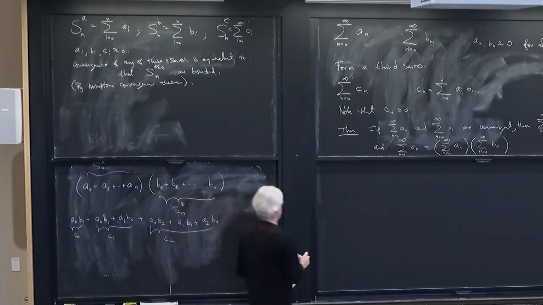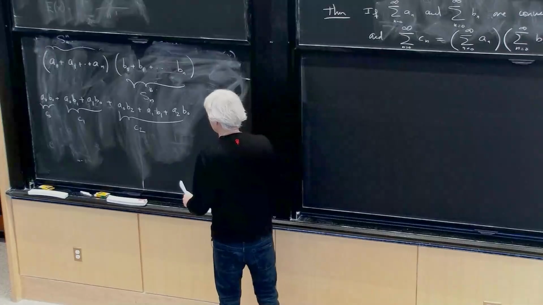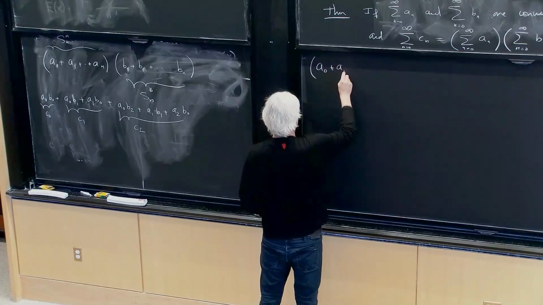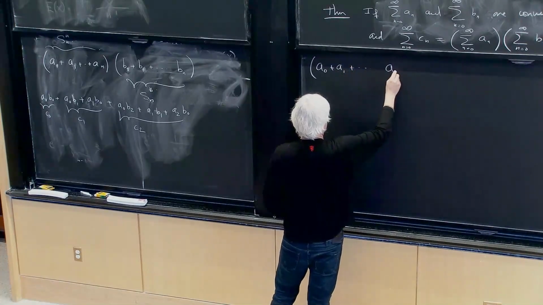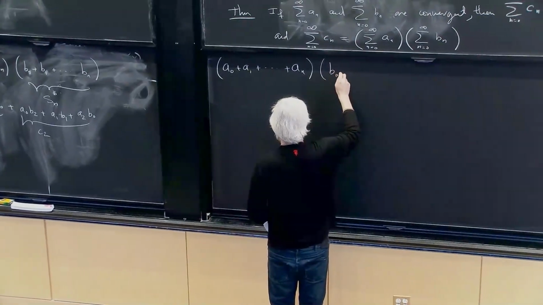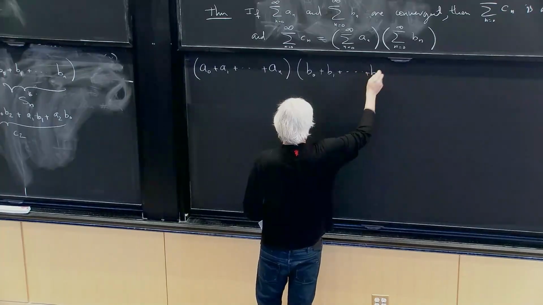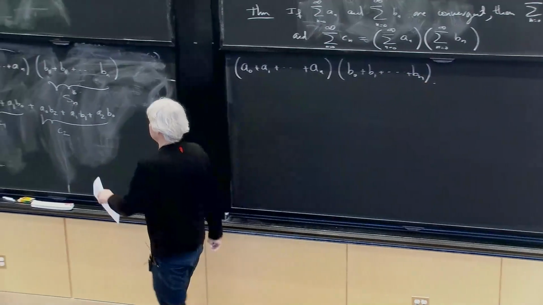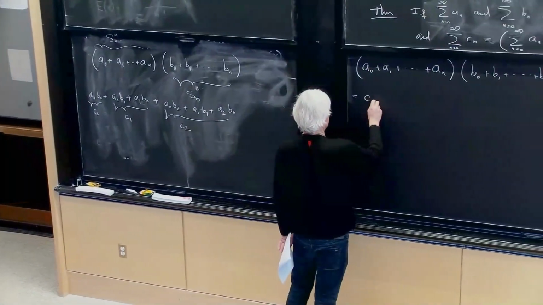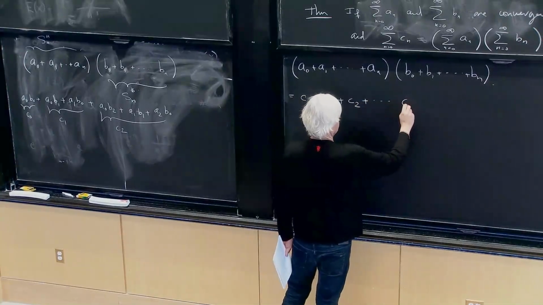When you do this multiplication, you see A0 plus A1 up to An, times B0, B1, up to Bn. This pattern continues for a while, and you get that this is equal to C0 plus C1 plus C2 up to Cn.